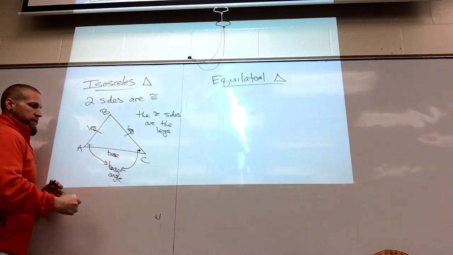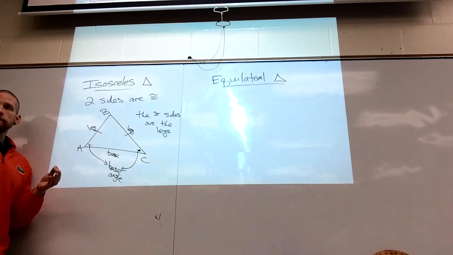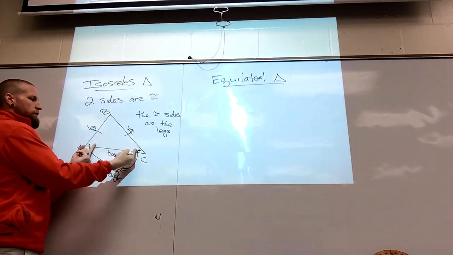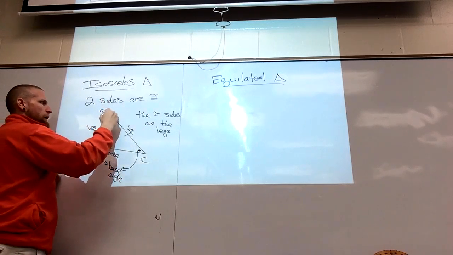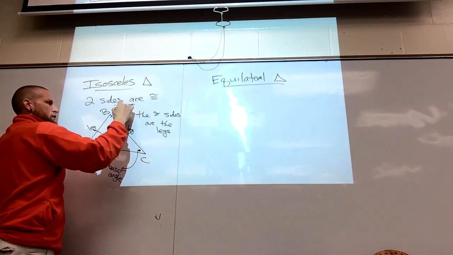So if the directions say the base angles of an isosceles triangle are 20, you can make a sketch of a triangle, put 20 on these two, and go with it. This angle up here is sometimes called the vertex angle.